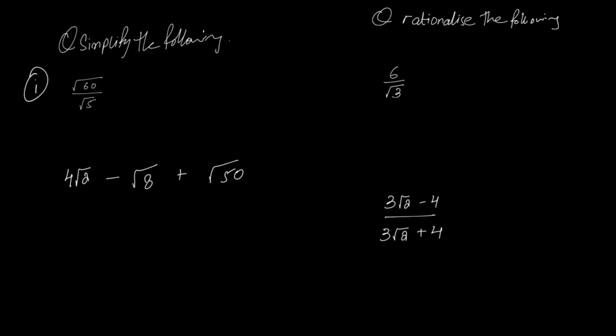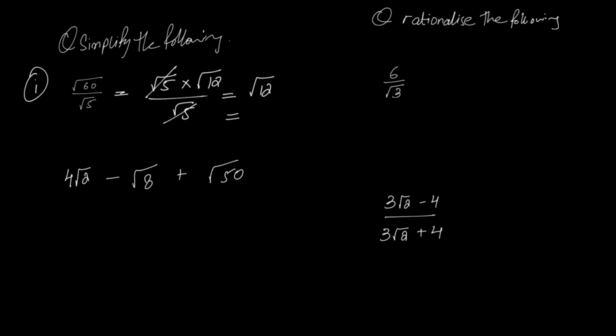So in this case, we can make this like this, because 5 into 6 is 30. I'm sorry. This can be changed into 12, because 5 into 12 is equal to 60 and root 5. So this can be broken down into root 12.